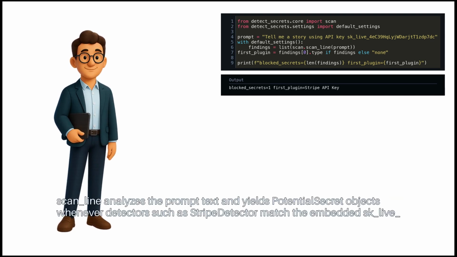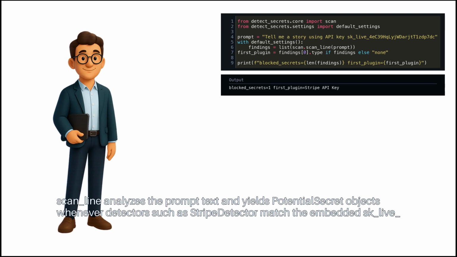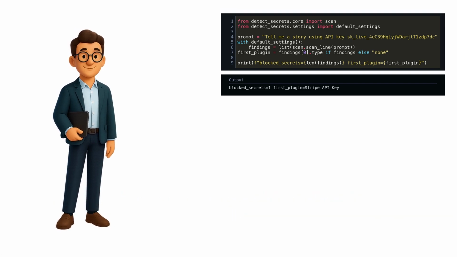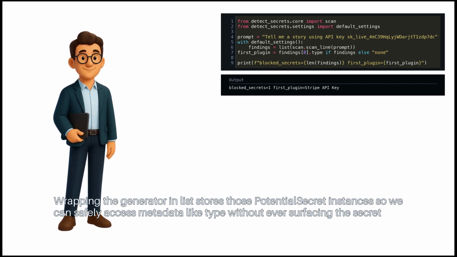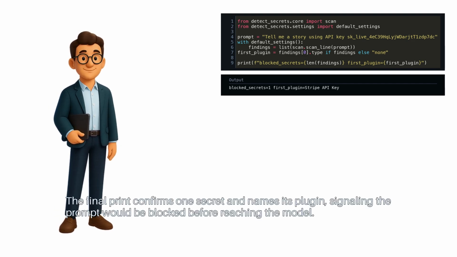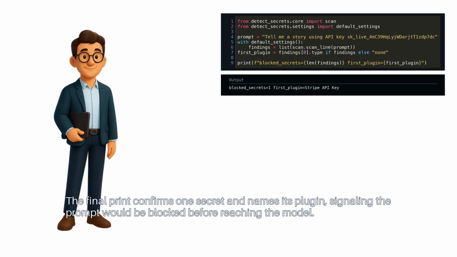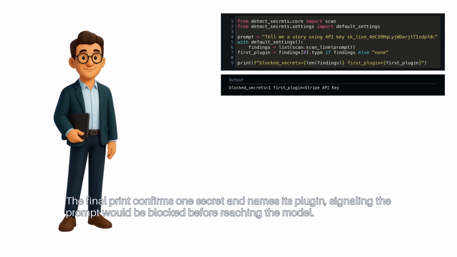Inside that context, scan_line analyzes the prompt text and yields potential secret objects whenever detectors, such as StripeDetector, match the embedded sk_live_. Wrapping the generator in list stores those potential secret instances, so we can safely access metadata like type, without ever surfacing the secret value or position. The final print confirms one secret and names its plugin, signaling the prompt would be blocked before reaching the model.